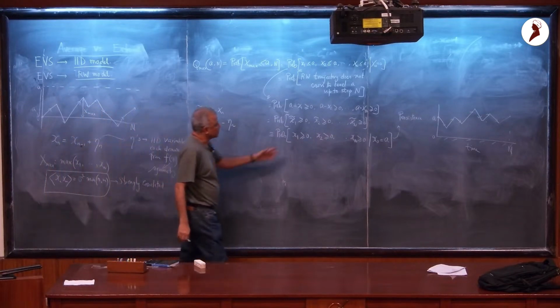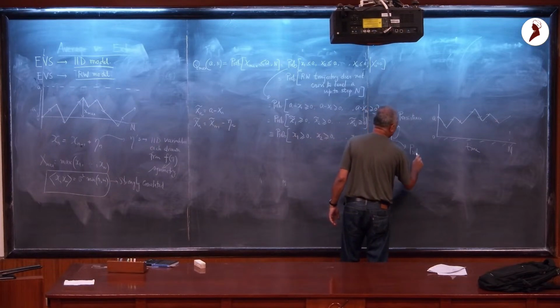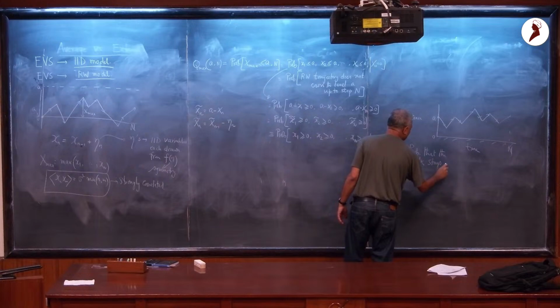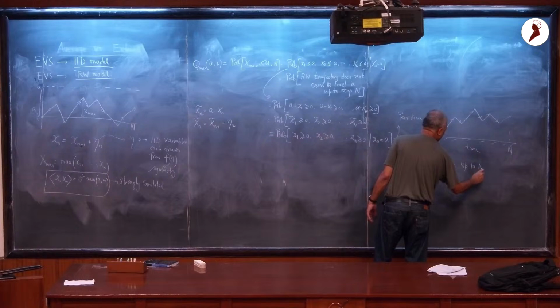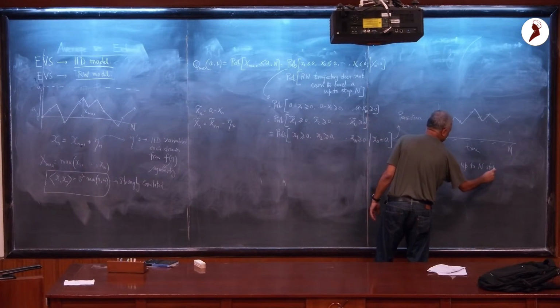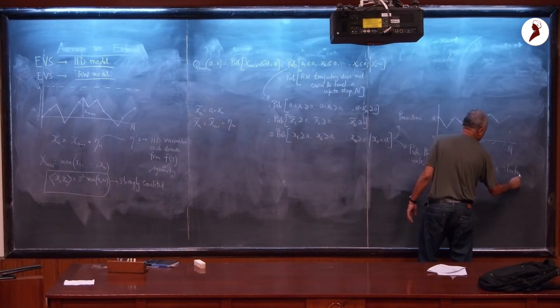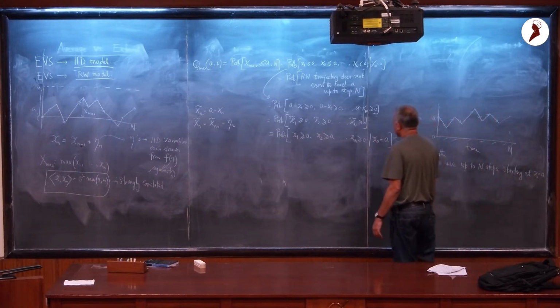So this is just the probability that the walk stays positive, starting at initial value x0 equal to A. Okay?